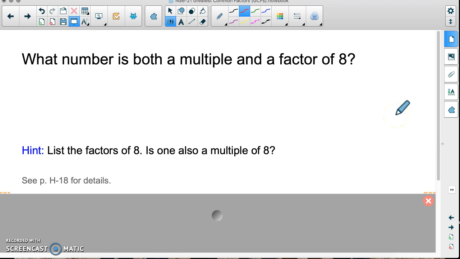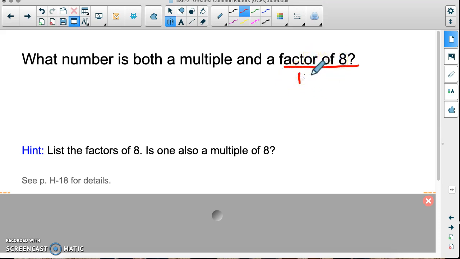So my question here is, what number is both a multiple and a factor of 8? So let's start by listing all of the factors of 8. The factors of 8 would be how we could make 8.